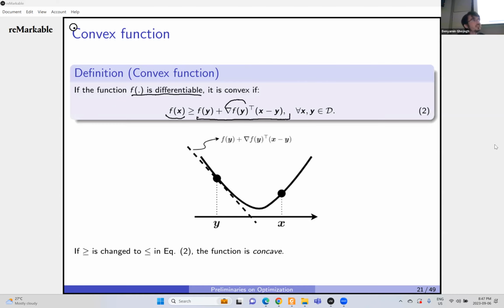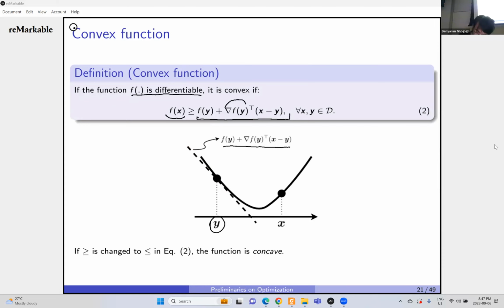Here I use the derivative of f, gradient of f transpose (x minus y). In simple words, consider this function. A tangent line to this at point y has the equation f of y plus gradient of f at the point y transpose (x minus y).